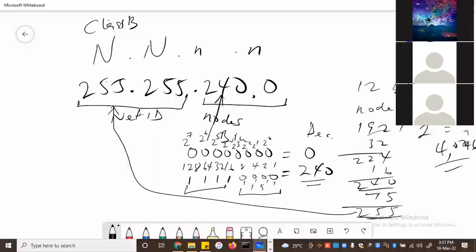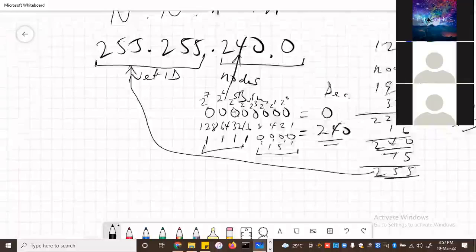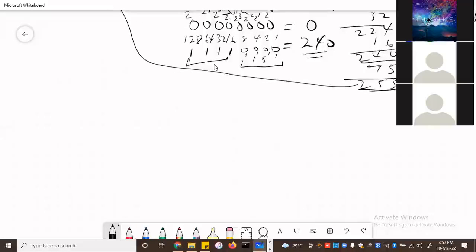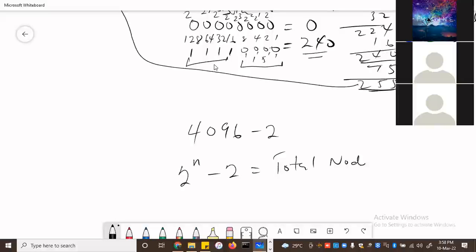So in technical terms, the actual calculation is that out of the 4096, you have to minus 2, because the calculation is actually 2 raised to the power n minus 2, which gives you the total number of nodes that can be assigned, or is assignable.